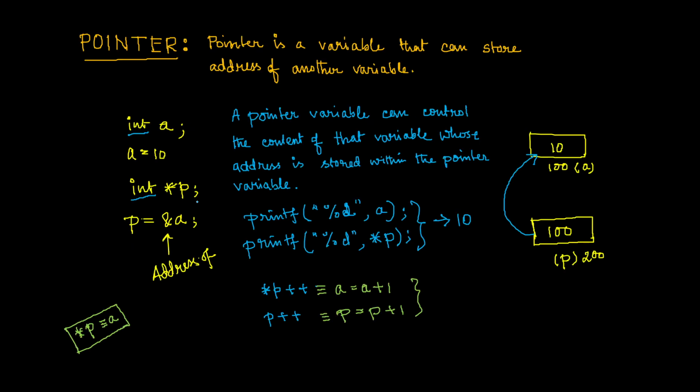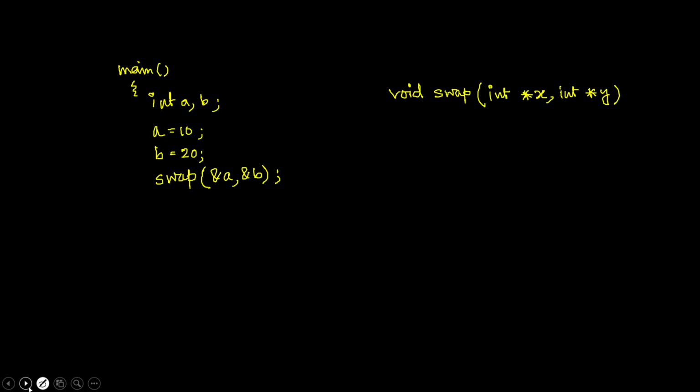Now what I can do over here, in a similar way, is take a third variable. In the previous case we wrote z equal to x because we assumed that x contained the value of a, but right now it does not contain the value of a, rather the address of a.